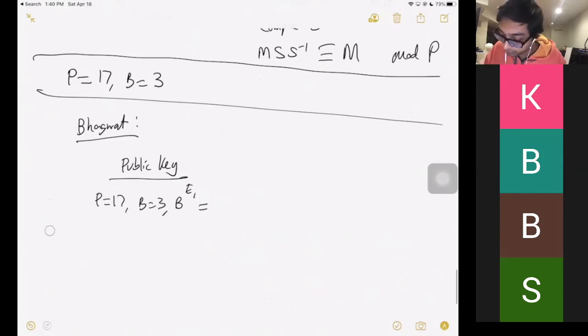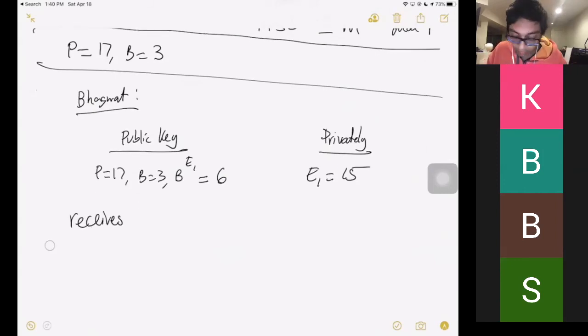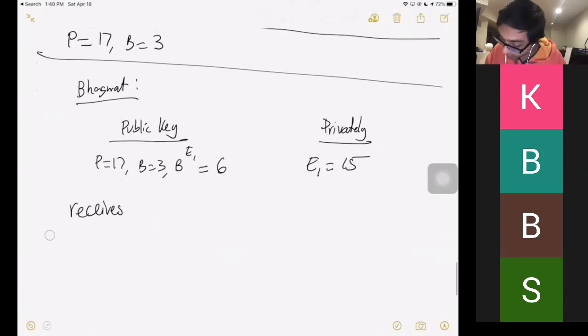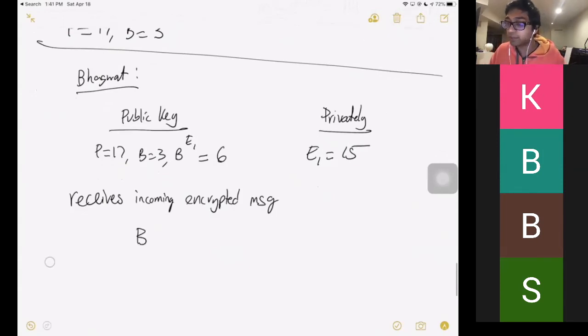Now, Bhagwat receives from somebody who wants to communicate with him an incoming encrypted message, where he's told that b to the e2 is equal to 7, and that m times b to the e1, e2 is equal to 1, right? So now the question is, how can Bhagwat decrypt this message?